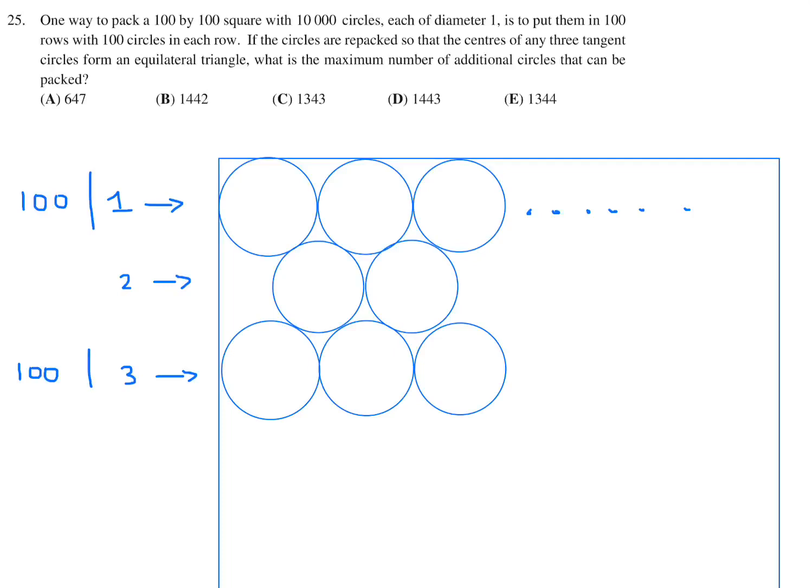But the second row, the key point is to understand how many circles are there in that second row when you've moved things over like that. And the answer is 99, because you'll have enough space for only 99. Because you've essentially shifted things so you can't put a full 100.